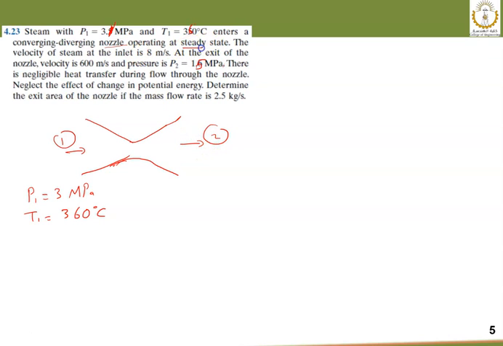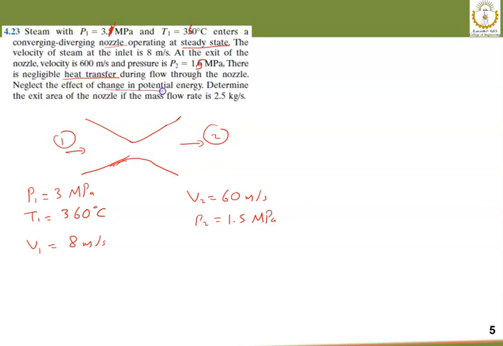So this is a converging diverging nozzle operating at steady state. The velocity of the steam at the inlet is 8, so V1 equals 8 meters per second, and the exit velocity V2 is 600 meters per second, and P2 equals, again I changed this, 1.5 megapascal. There's negligible heat transfer, so Q is 0.